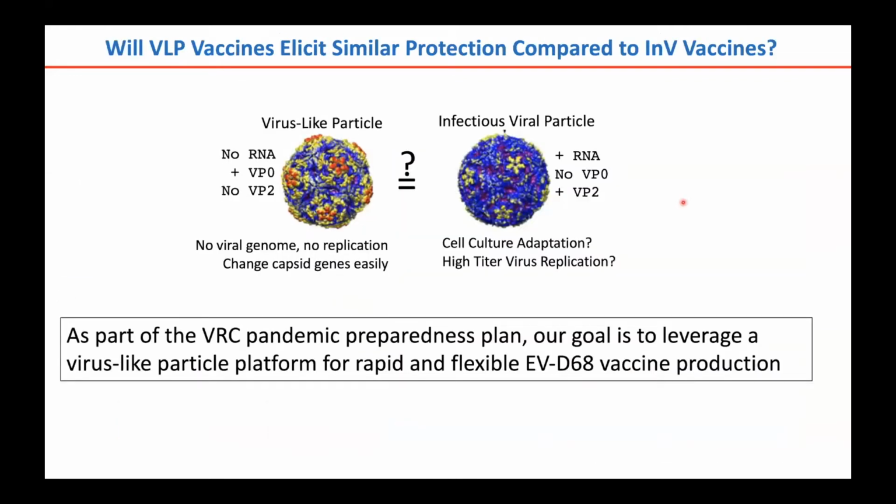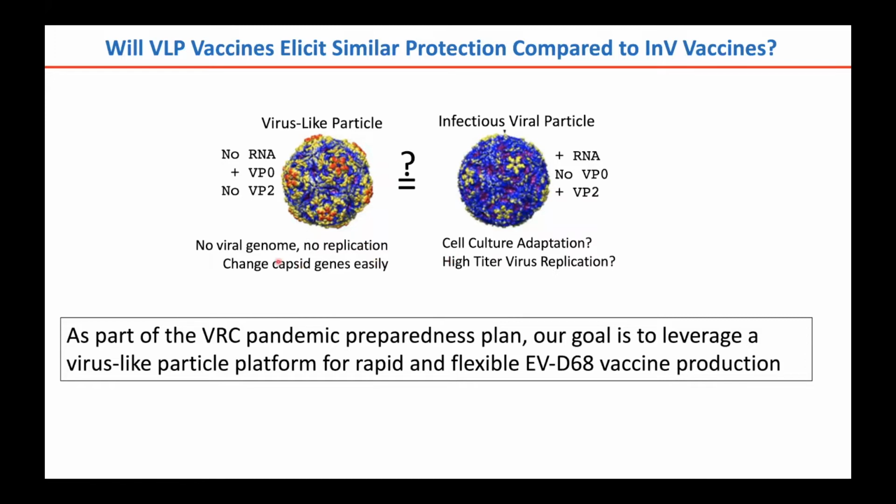So the big question then is, will these VLP vaccines elicit similar protection compared to these inactivated virus vaccines, which are the gold standard for enterovirus vaccination? They're slightly different. The virus-like particles are a little bit bigger. They haven't undergone that final maturation process, but they're safer because there's no viral genome and no replication. There's no need to adapt an infectious virus to cell culture so you can grow up these large quantities of virus.